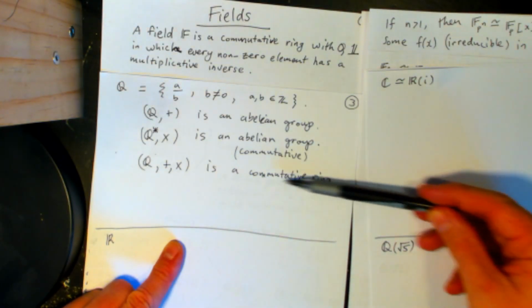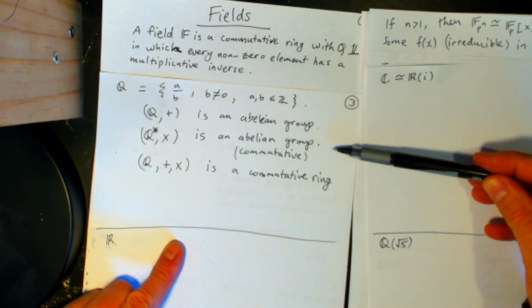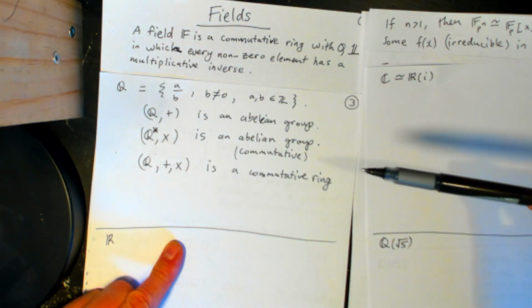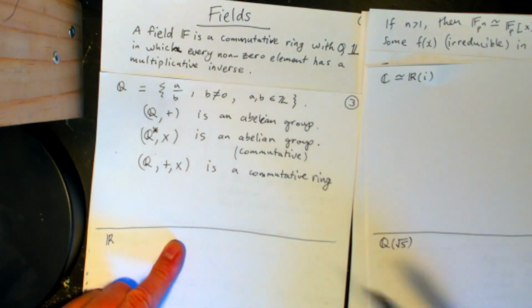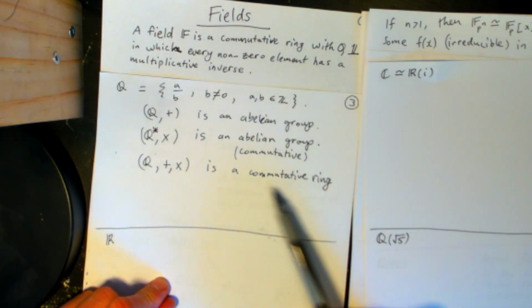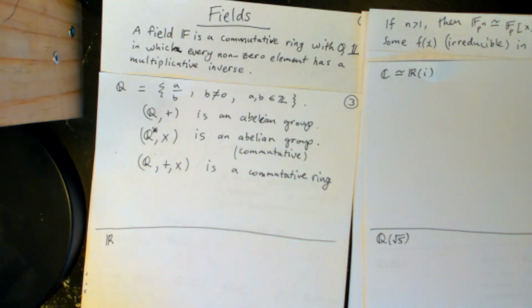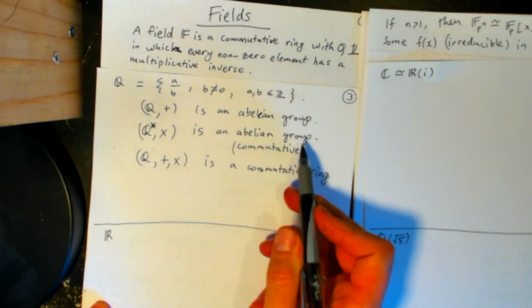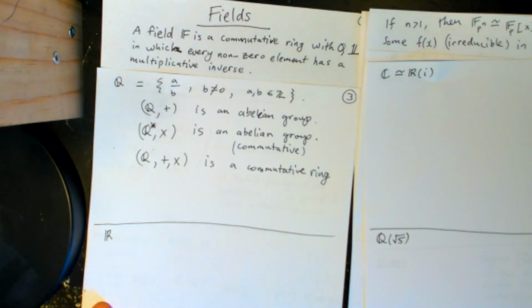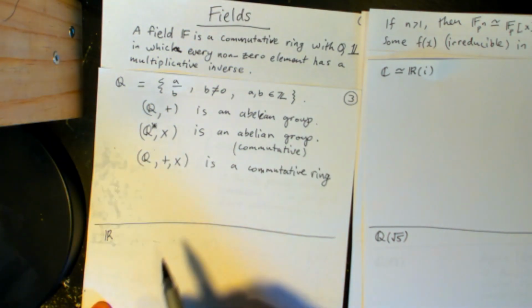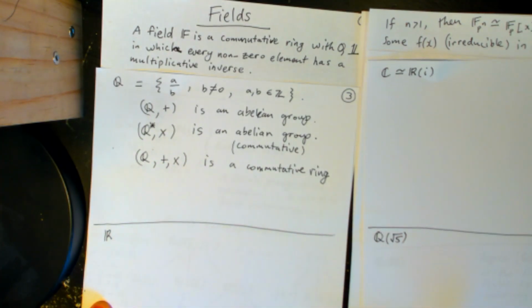Now, to have a commutative ring, you don't require that this structure is a group, right? You don't have to have that every element has an inverse in order to have a commutative ring, right? But we do have the fact that this is an abelian group when we have multiplication of non-zero rational numbers.